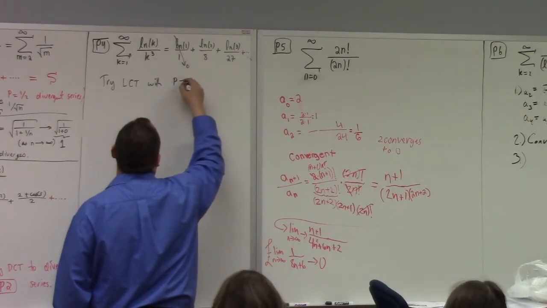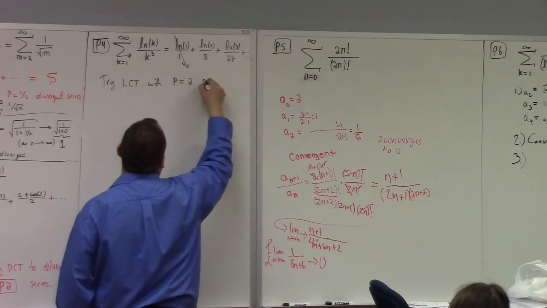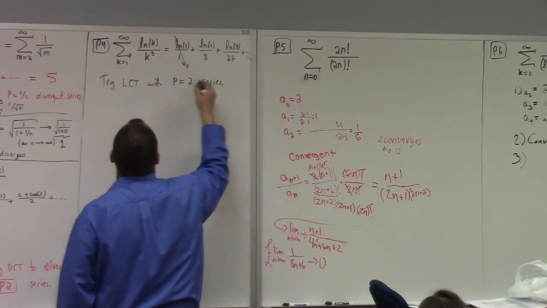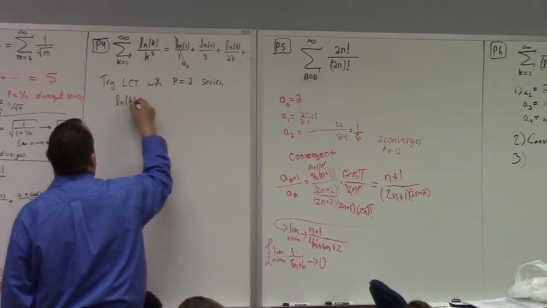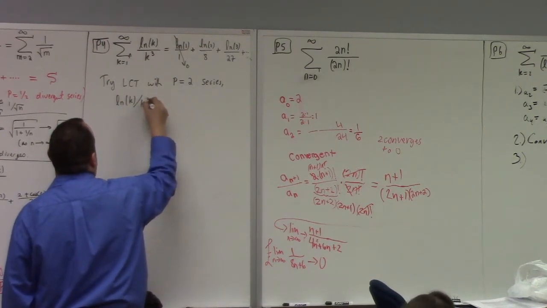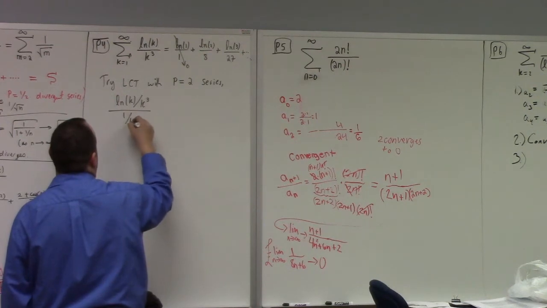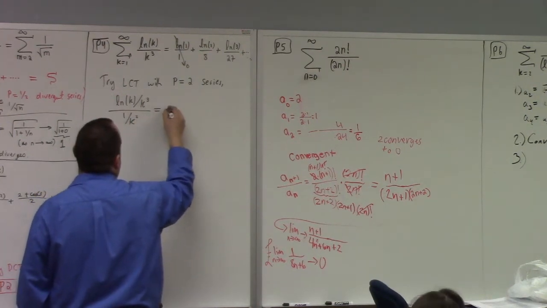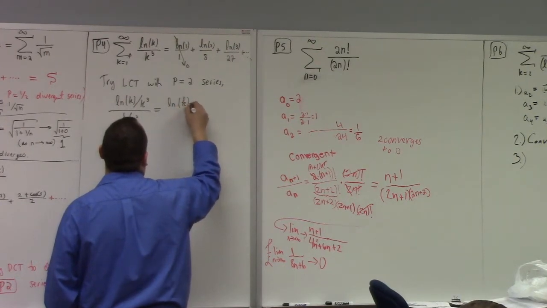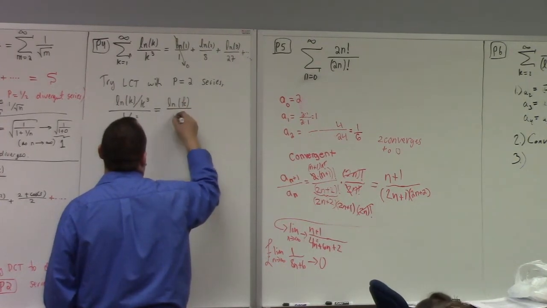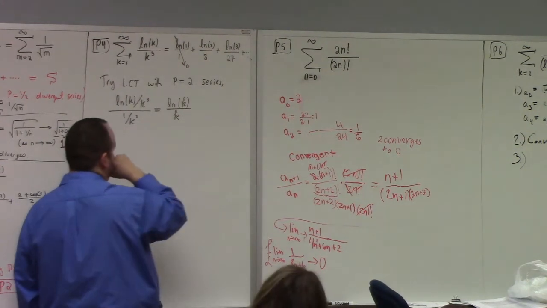Want to try p equals 3? I want to do the p equals 2 series. So we got to look at natural log of k divided by k cubed divided by 1 over k squared rather, which is natural log of k divided by k, right?